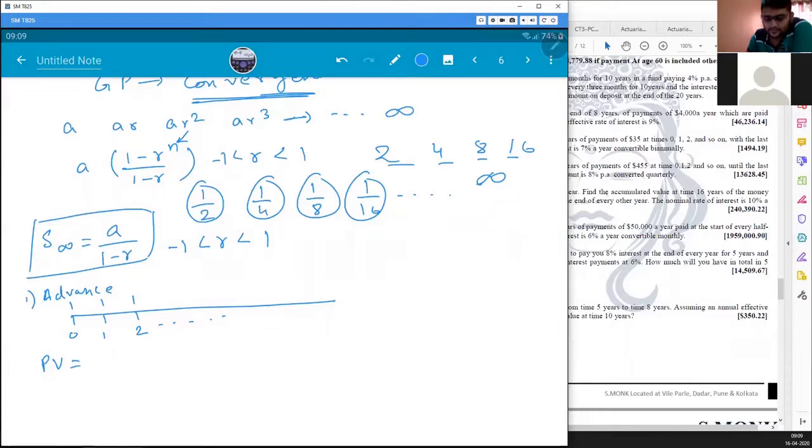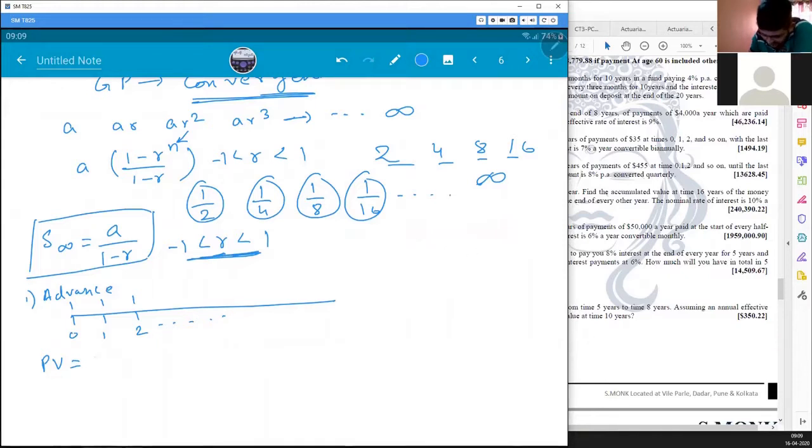And then we have (1 plus i) raised to n in our formula, and 1 plus i will always be greater than 1. Whereas in our formula with 1 minus v raised to n, where v is always less than 1, the condition is satisfied.